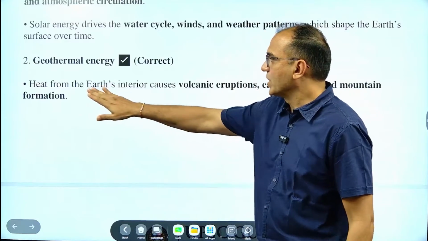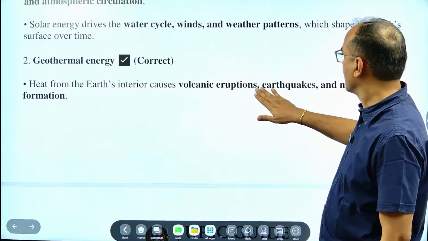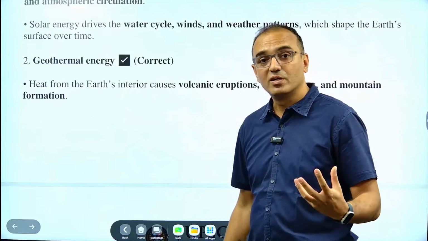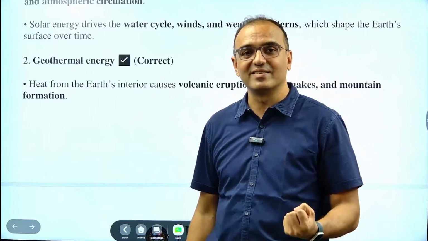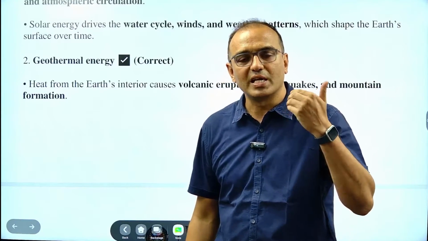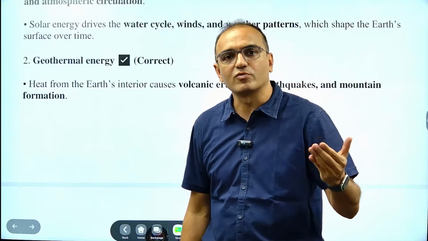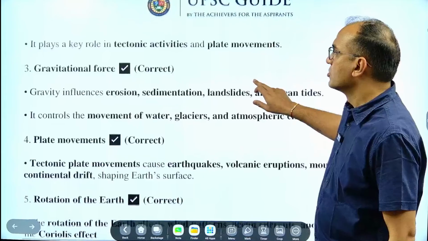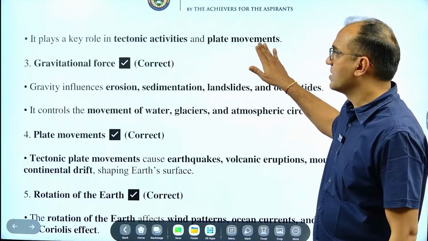Volcanoes. So heat from the earth's interior causes volcanic eruption, earthquakes, mountain formation. So this energy, right? The thermal energy inside the earth, the geothermal energy does lead to changes in landforms or the surface of the earth through these various processes. Clear? So it plays a key role in tectonic activities and plate movements.